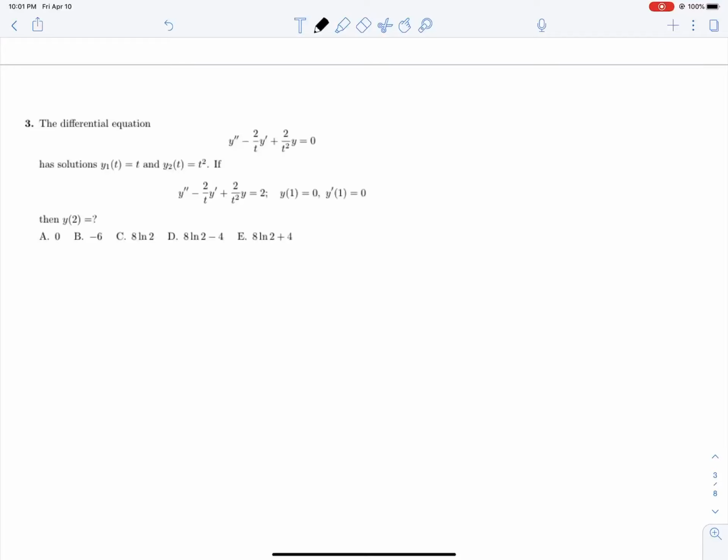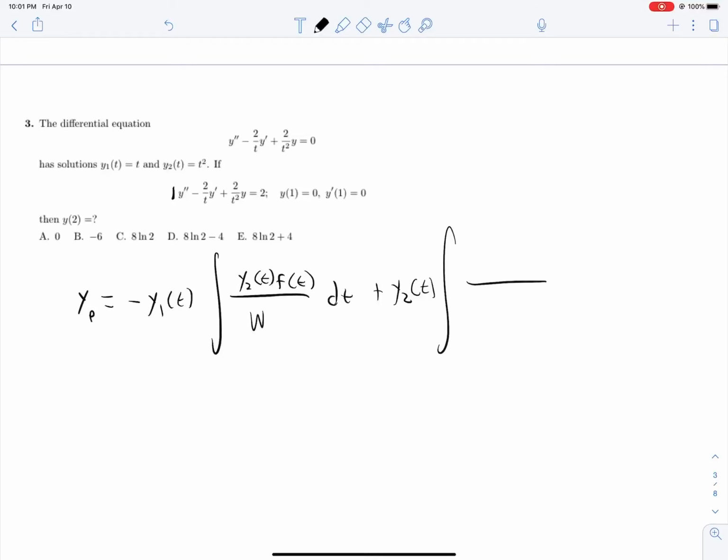So whenever we're given 2 solutions like this and we're trying to solve a non-homogeneous differential equation, especially one that's already been put in the form where the coefficient on y double prime is 1, we are going to be doing variation of parameters, where variation of parameters says that yp is equal to negative y1 of t times the integral of f of t multiplied by y2 of t all over the Wronskian dt plus y2 of t times the integral of y1 of t times f of t over the Wronskian dt.